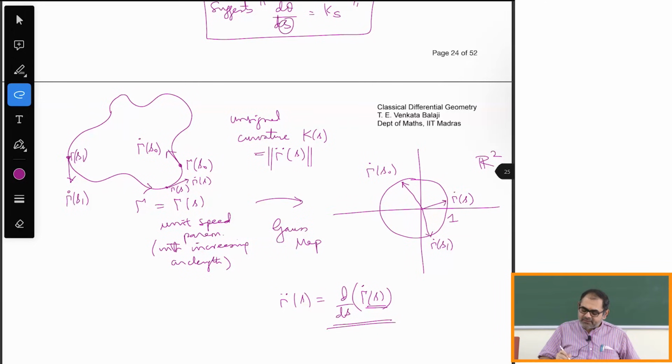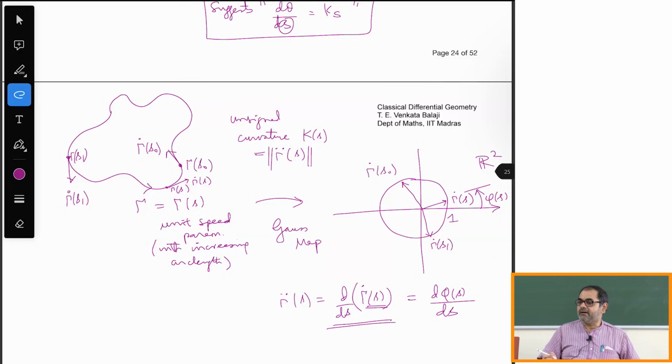The length never changes, it is only the angle that changes. So you measure the angle phi s that it makes with respect to a fixed direction, say the positive x axis. Then you should expect that this should be just d phi of s by ds.